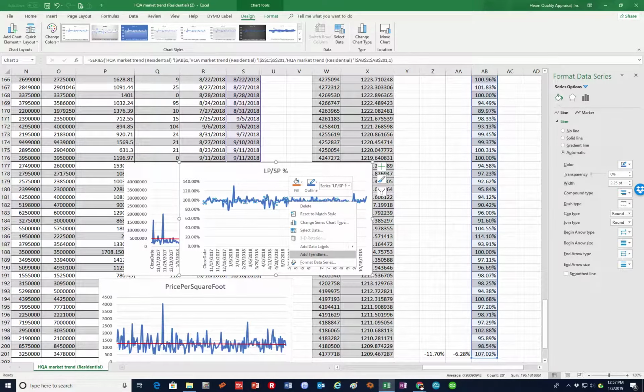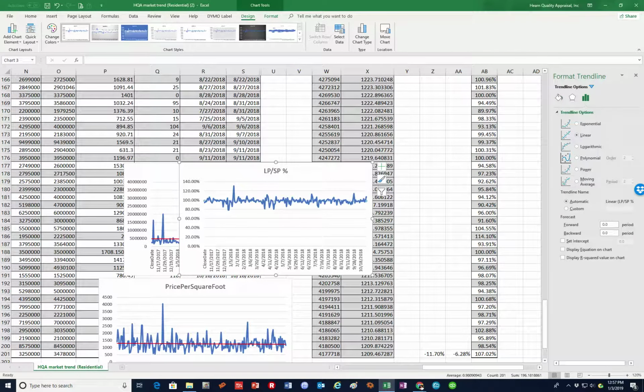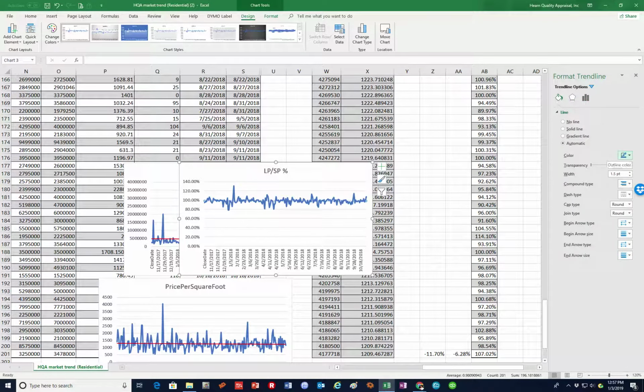And add a trend line. And that's flat as a pancake. So we're not seeing a big decrease, or a widening of the gap between sale price and list price.